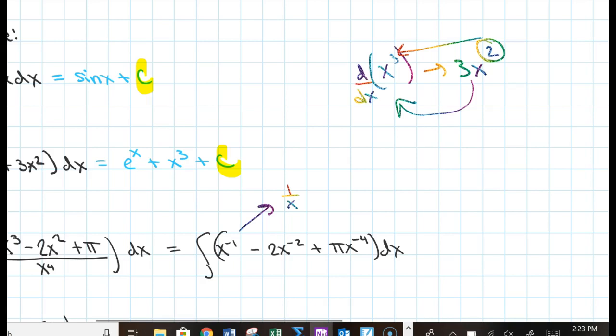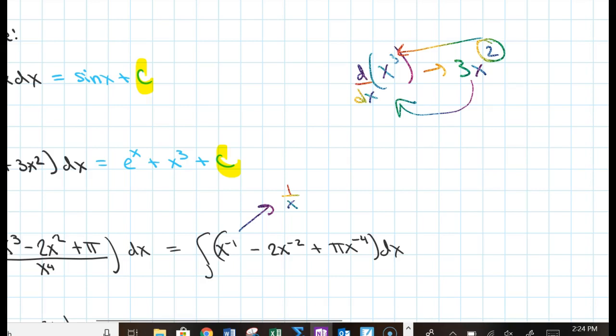But then I'm also dividing the coefficient by this exponent plus 1, because when I take the derivative, I want to be left with 3x squared, okay? But now, if you try to do that here and you add 1 to the exponent, and then you divide by negative 1 plus 1, you get x to the 0, which is undefined.